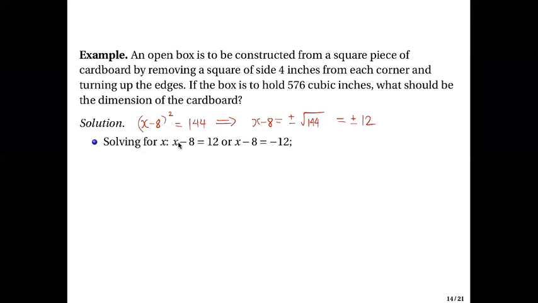Excuse me, then you solve for x. Sorry? Yeah, I have a question. Sure. I didn't understand where the minus 8 comes from. It's from the box. Let us go back to the box here.